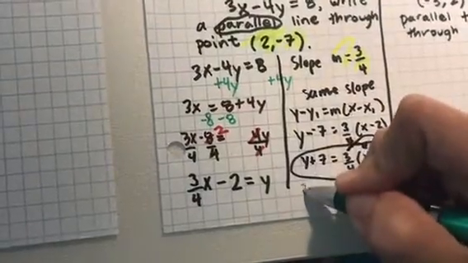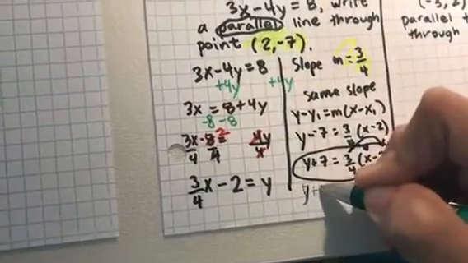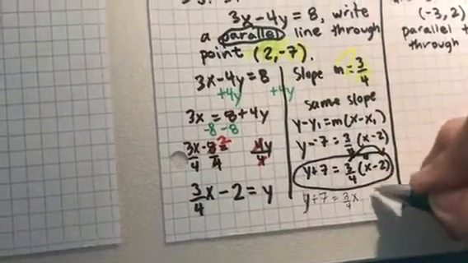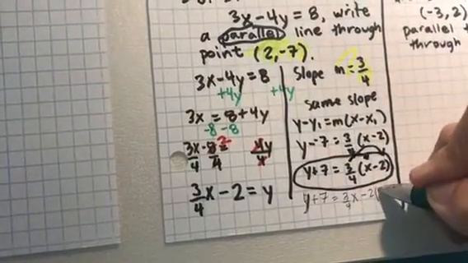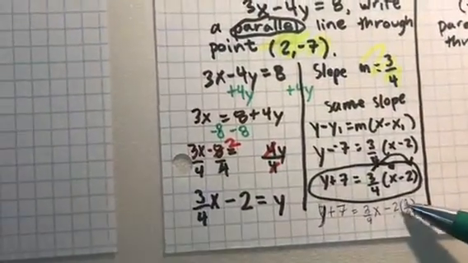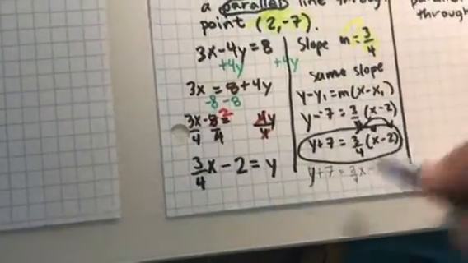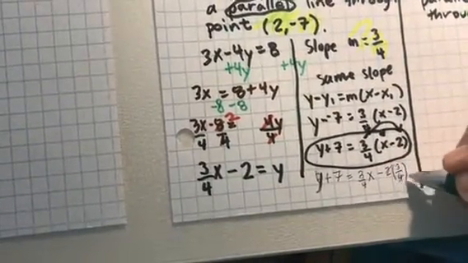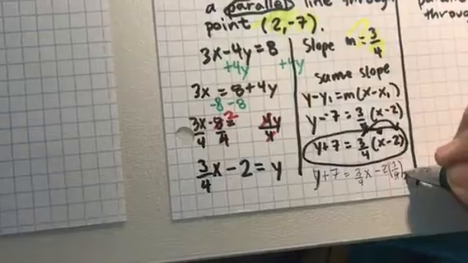I got y plus 7 equals 3/4 times x minus 2. So this fraction is flubbing up some people. I'm noticing 2 divided by 4 would leave me a 2 at the bottom.